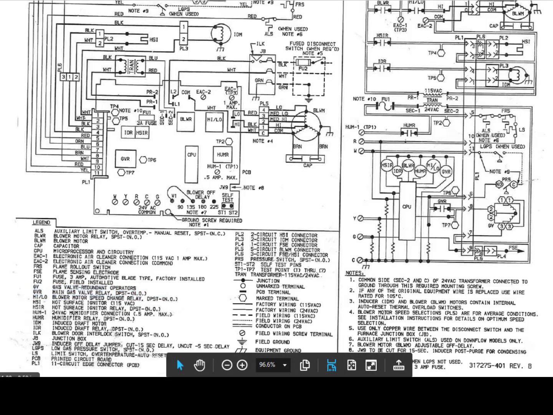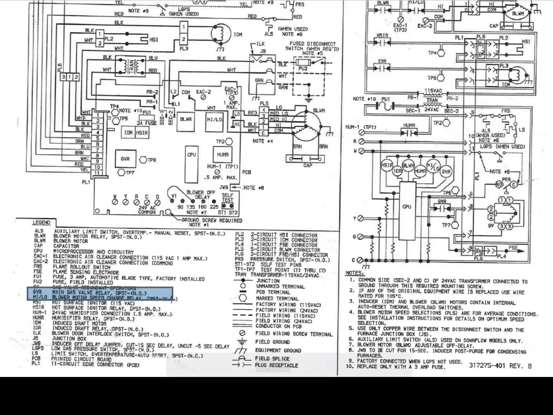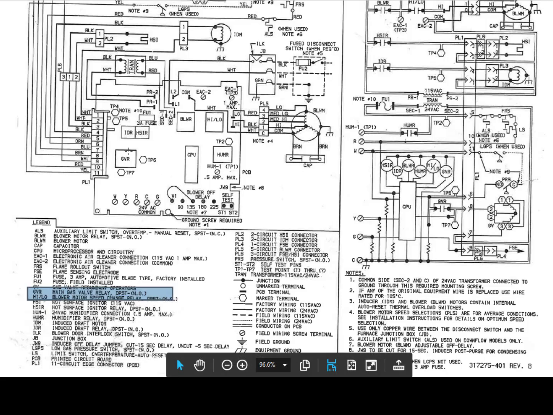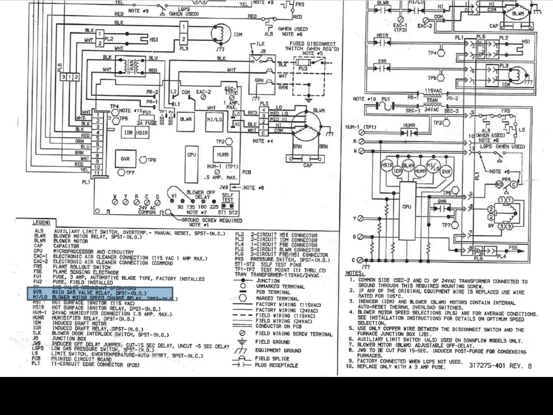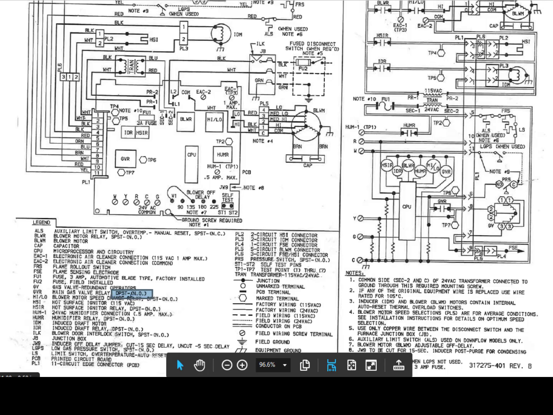Well, isn't that interesting? Right now, we should know what a main gas valve is, right? So this is our main gas valve relay. This right here is a control board. I can highlight that. This is our control board. And in that control board, there's a gas valve relay, so that energizes our main gas valve. You're going to learn a lot more about this in electrical class.